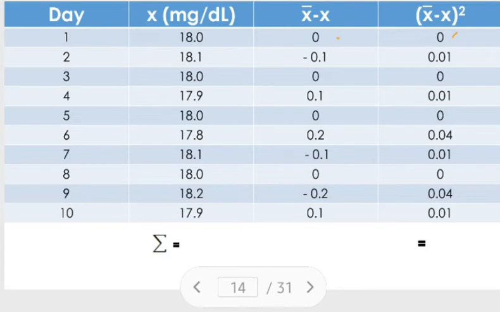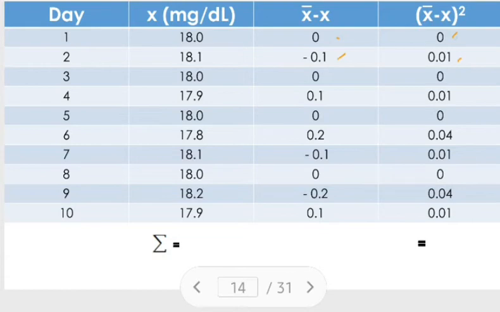Next, 18 minus 18.1 is equal to negative 0.1. Then we square the result, it is 0.01. After we subtract all the values from the mean, we sum up all the squared results.